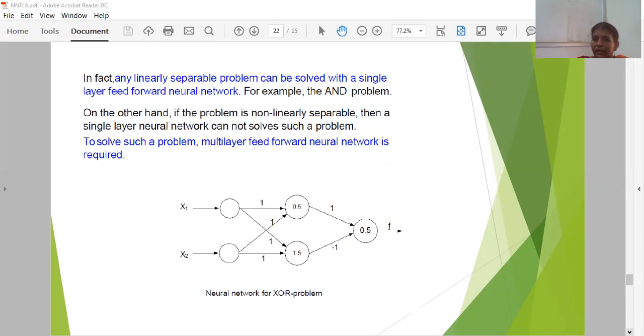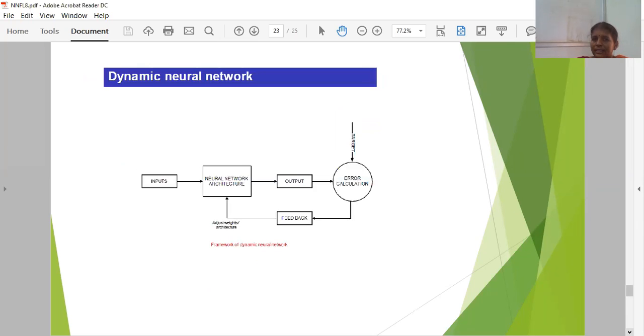And one more thing in existence is the dynamic neural network, where you are going for error calculation. Considering inputs and the neural network architecture, from the output you are calculating the error and whether the target value is reached or not.